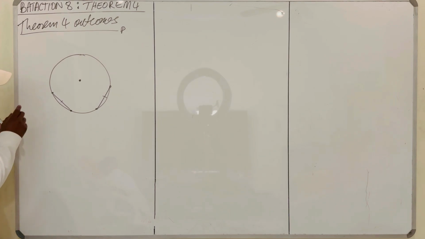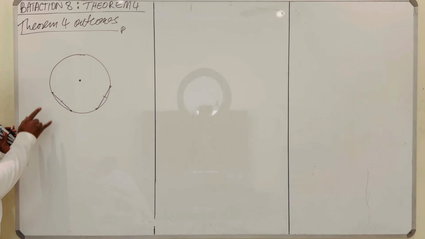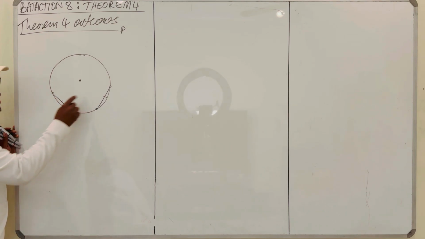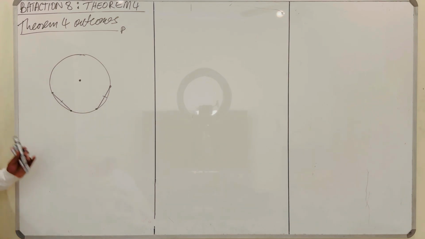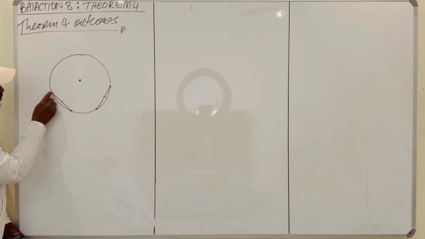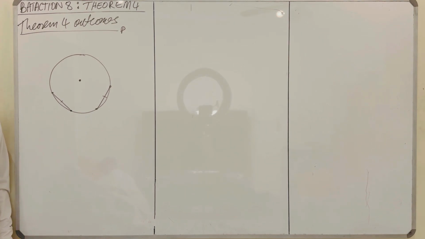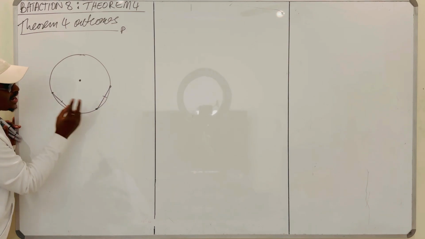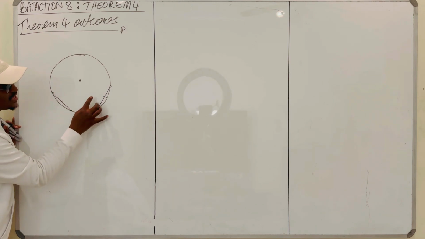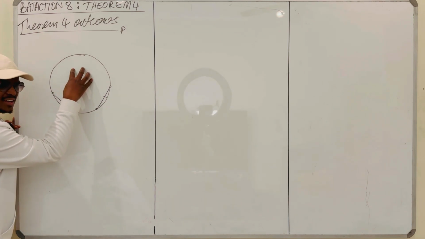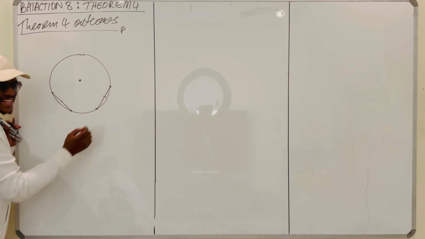Fine. So look, think about this. If these two are equal, I would argue that they are cutting this circle in 2 equal parts. Let me just phrase that. You see, this chord cuts this circle into 2 parts, the major segment and that minor segment over there.